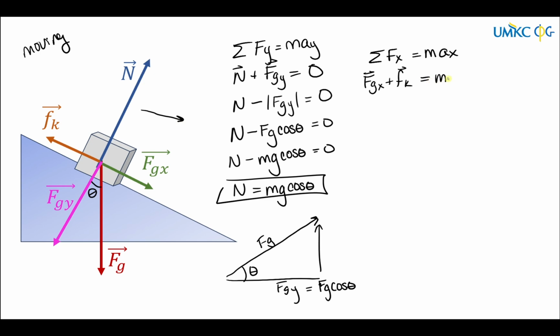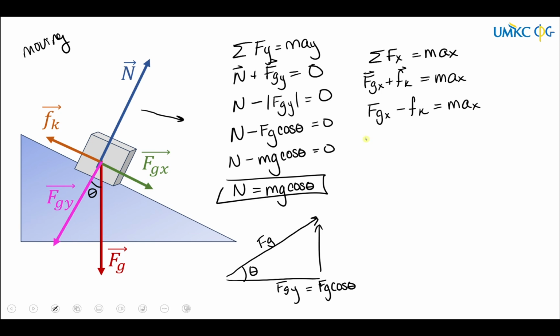And I will have an acceleration, I know because I have kinetic friction. So I can incorporate directionality. My FGX component is going in the positive x direction. My force of kinetic friction is going in the negative x direction. And I have mass times acceleration.